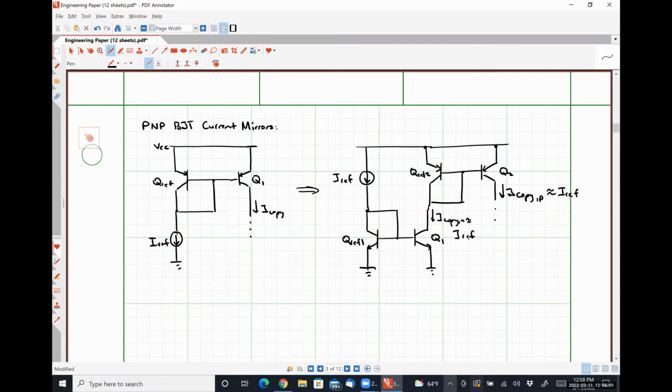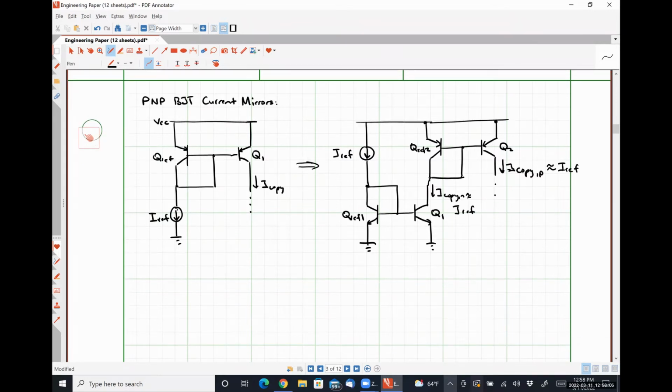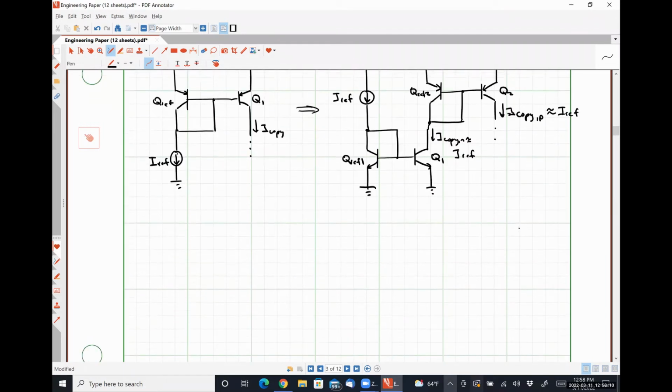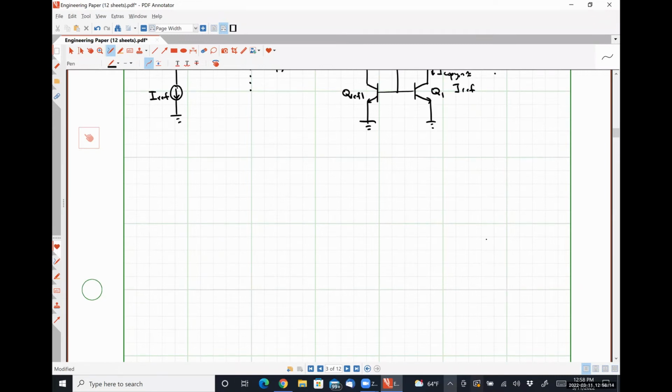So as an example of how to analyze this guy, let's work what I believe to be a fairly straightforward example. Then once we wrap this guy up, we'll move along to MOSFETs.